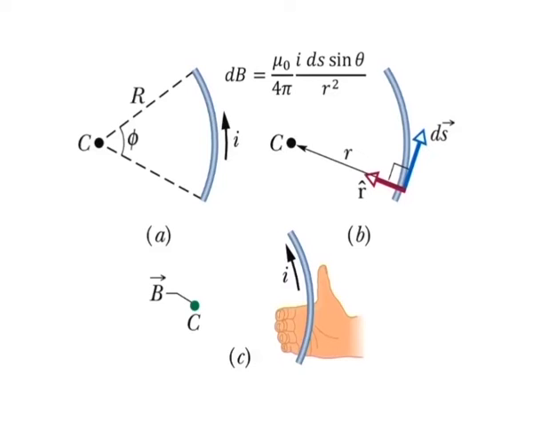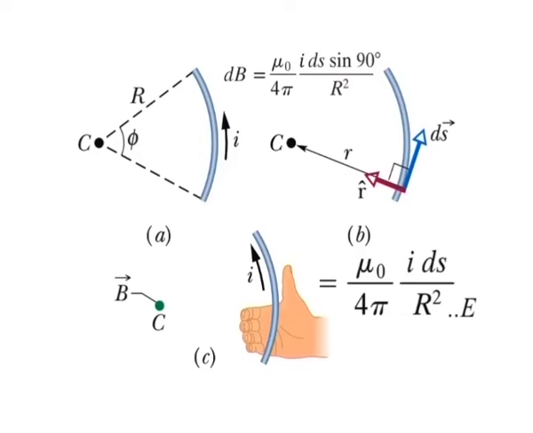Also, small r is equal to capital R. Thus, by substituting capital R for small r and 90 degrees for theta in equation A, we obtain dB equals mu 0 upon 4 pi times I ds sin 90 degrees divided by R squared, which comes out to be mu 0 upon 4 pi times I ds upon R squared. The field at C due to each current length element in the arc has this magnitude.